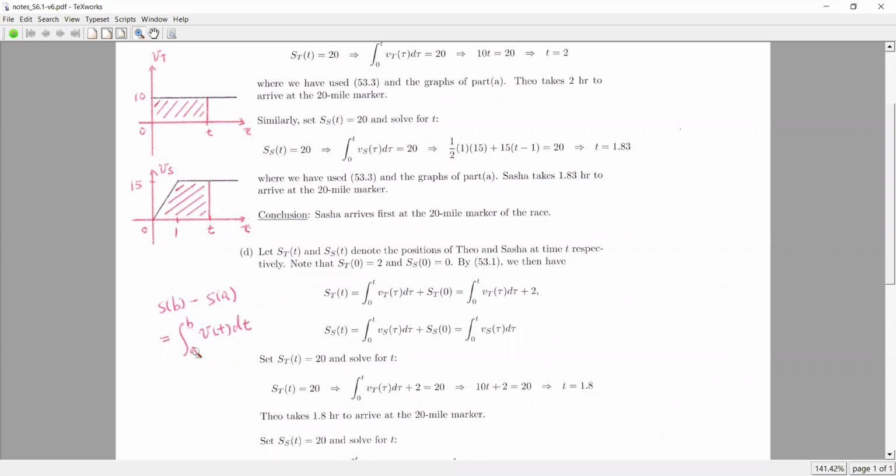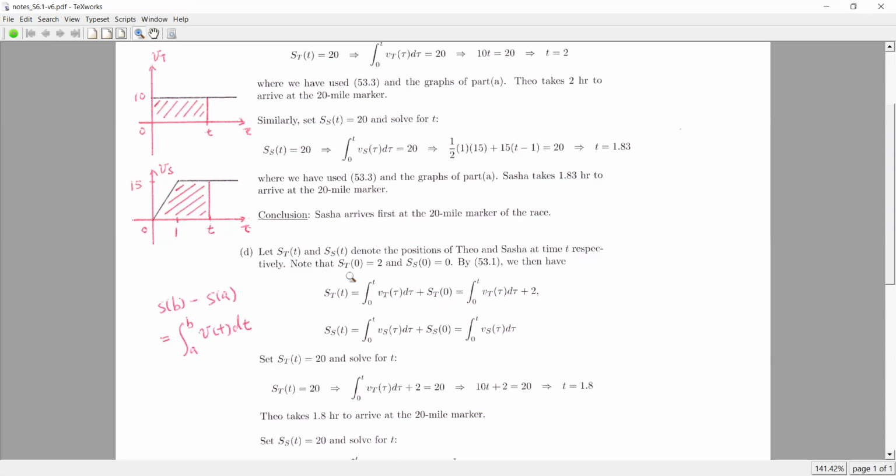Then set A to 0 and B to t, and move this number to the right side. Then I have this equation and also have this equation. These two equations are for the positions of the two riders.